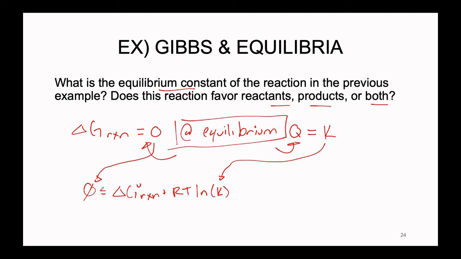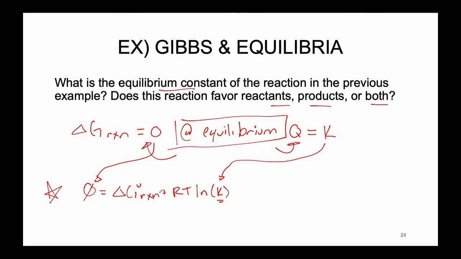And now we have a way to calculate K if we know what the Gibbs free energy at standard conditions and the temperature of the reaction is. And this is also going to be true for every reaction, not just this hypothetical case, since by definition, your delta G is equal to 0 at equilibrium, and also Q is equal to K at equilibrium.